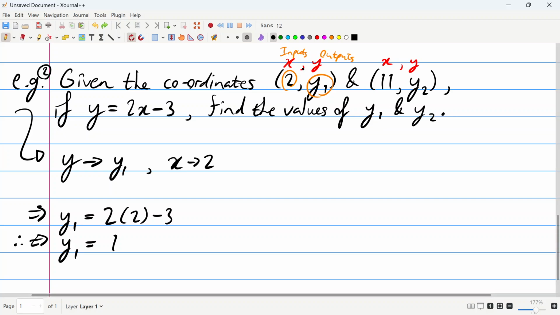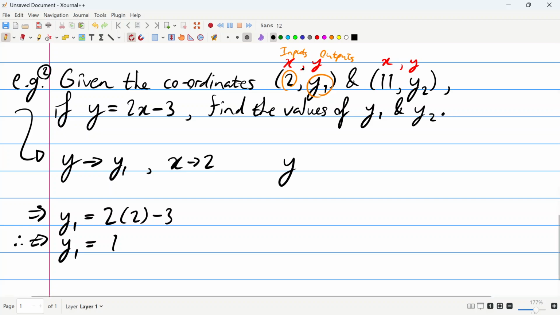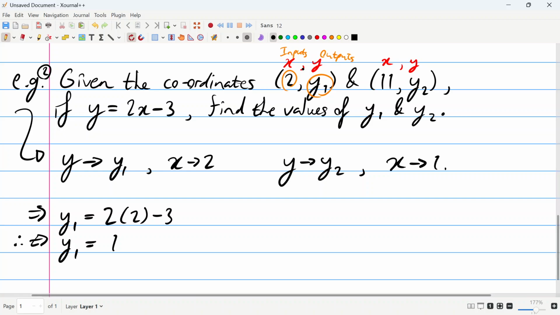What about the other coordinate that gives us y2? Well, think about it this way. For the second coordinate, we have x equals 11 and y equals y2 in this case here. So our input would be 11 and our output would be y2, meaning we're going to replace y with y2 in this case over here with the next coordinate, and then we're going to replace x with 11.